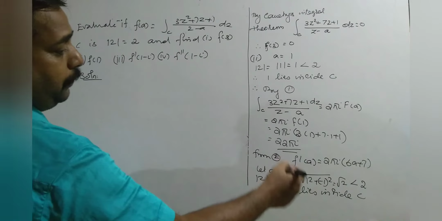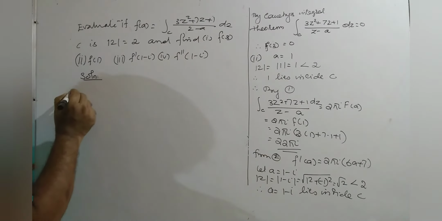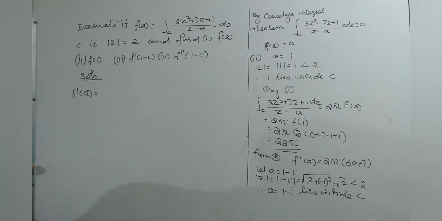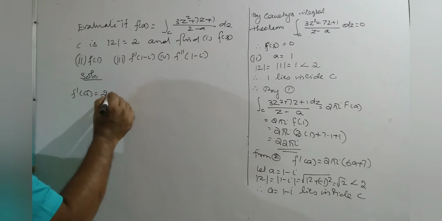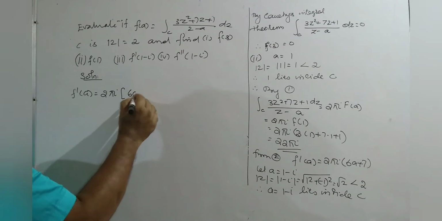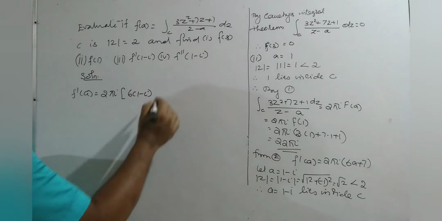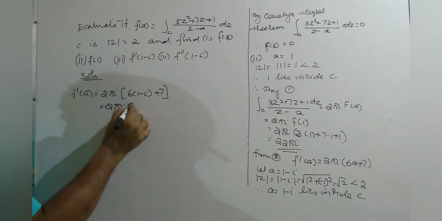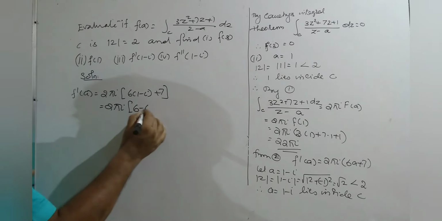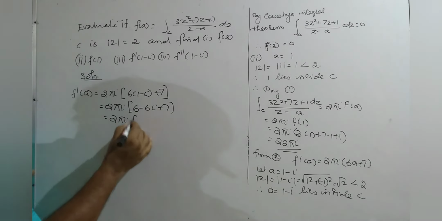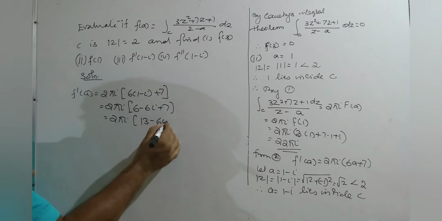So here, what is f dash of a? f dash of a is equal to, substitute the values, 2 pi I into, what is a value? 1 minus I. 6 into (1 minus I) plus 7. So that is equal to 2 pi I into (6 minus 6i plus 7). So that is 2 pi I into (13 minus 6i).